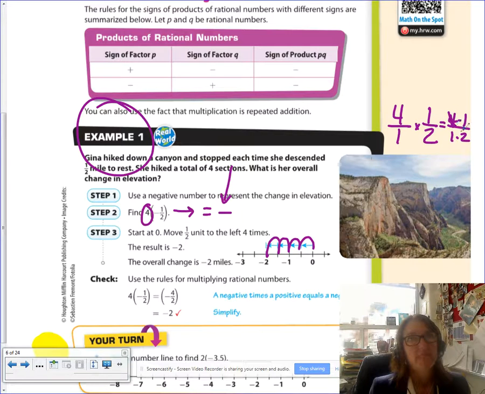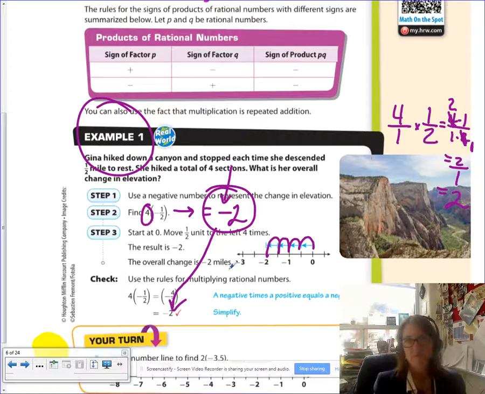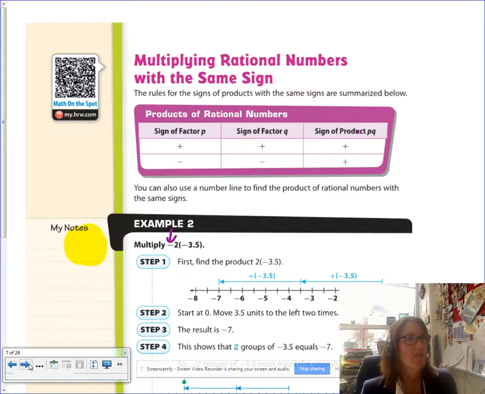Each of these has a factor of 2, and when I divide in the bottom, I get a 1, and up here I get a 2. 2 times 1 is 2 in the numerator. 1 times 1 is 1 in the denominator. That's plain old 2. Boom. Look at that. Same answer. Okay? What we're hoping to do is let you use the number line to visualize things, and eventually you'll be able to do it without the use of that tool.